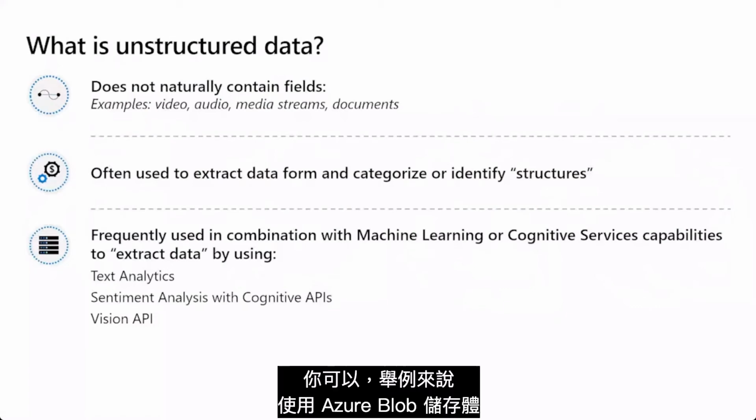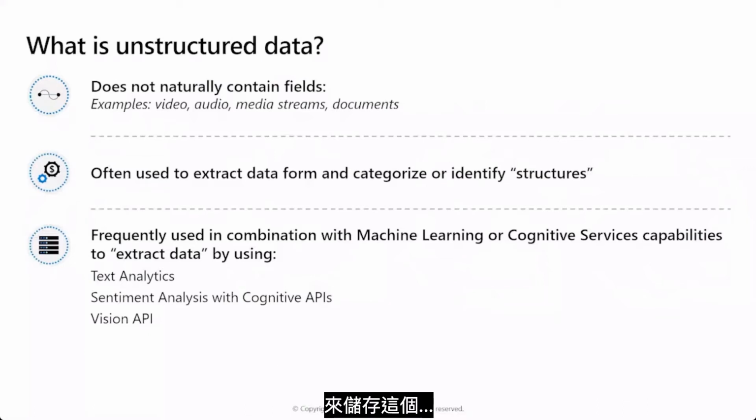You might, for example, use Azure Blob Storage to store this unstructured data. Blob actually stands for binary large object. And in Azure Blob Storage, block blobs are supported. Block blobs are used for basic read and write operations, and they have no internal search capabilities.